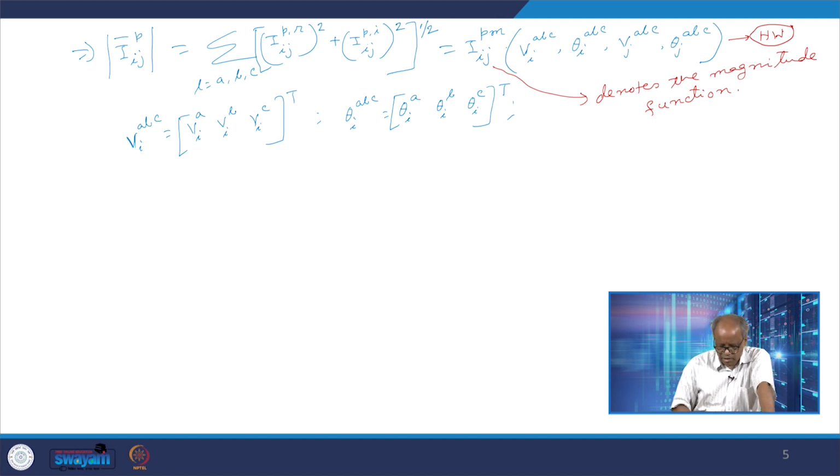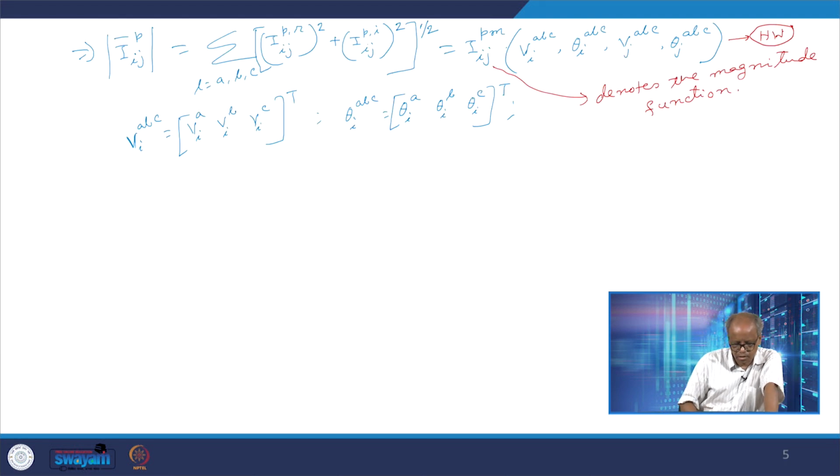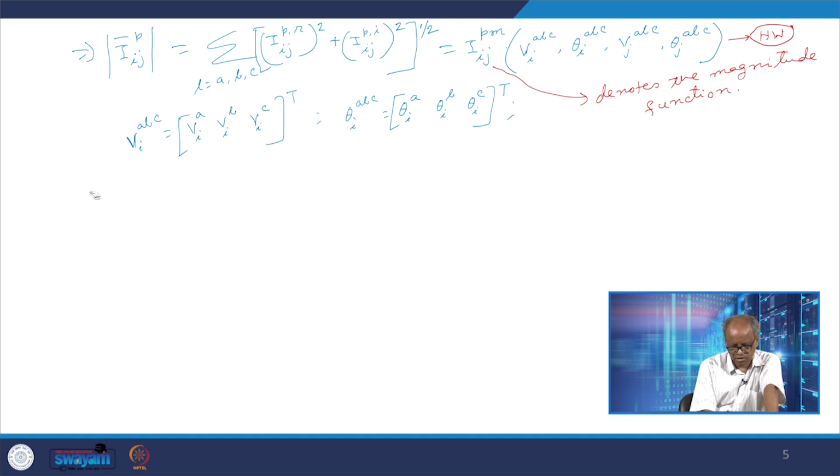Now, let us look at the expressions of Pijp and Qijp. What is Pijp plus j Qijp? Here I need to first define what I understand by Pijp and Qijp. Without that definition, it will be a wrong thing to do.